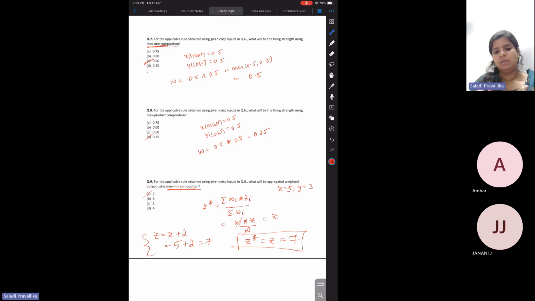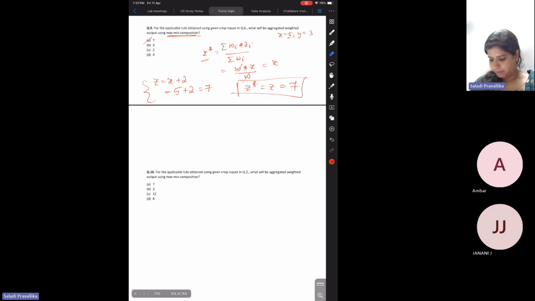Then you divide using the summation of all the weights, and then you will find your Z star if more than one rule is applicable. If one rule is applicable, this is how you can just cancel out the weights and give the value of Z directly, right? Okay.